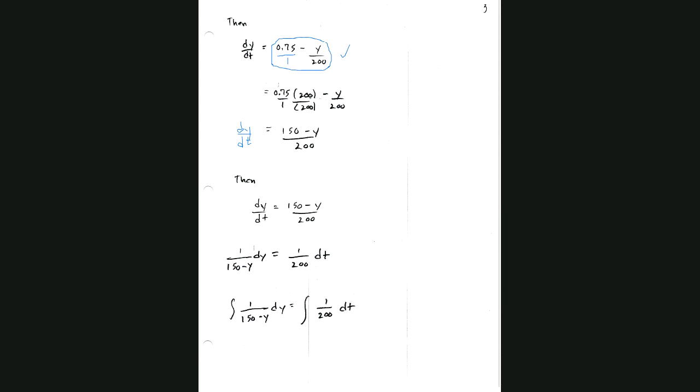All right, well, what we'll do is we will separate the variables. If dy dt equals 150 minus y over 200, then 1 over 150 minus y dy would equal 1 over 200 dt. Are there any questions on that step? How we got from here to here?